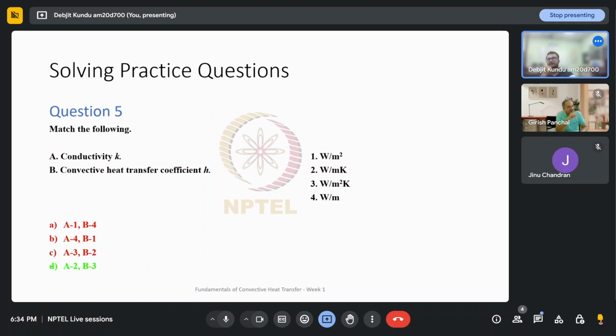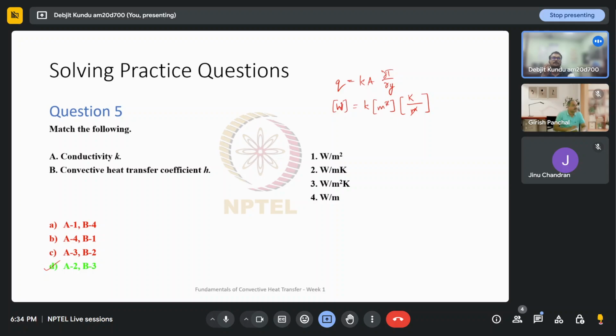It is indeed correct. So conductivity K, we can find this from our equation of Q equal to KA ∂T/∂Y. So if I just put the units now, Q is in watts, that is joule per time, equal to K, let's keep it as it is, A is m square and ∂T/∂Y, so I have temperature up top and length scale down here.